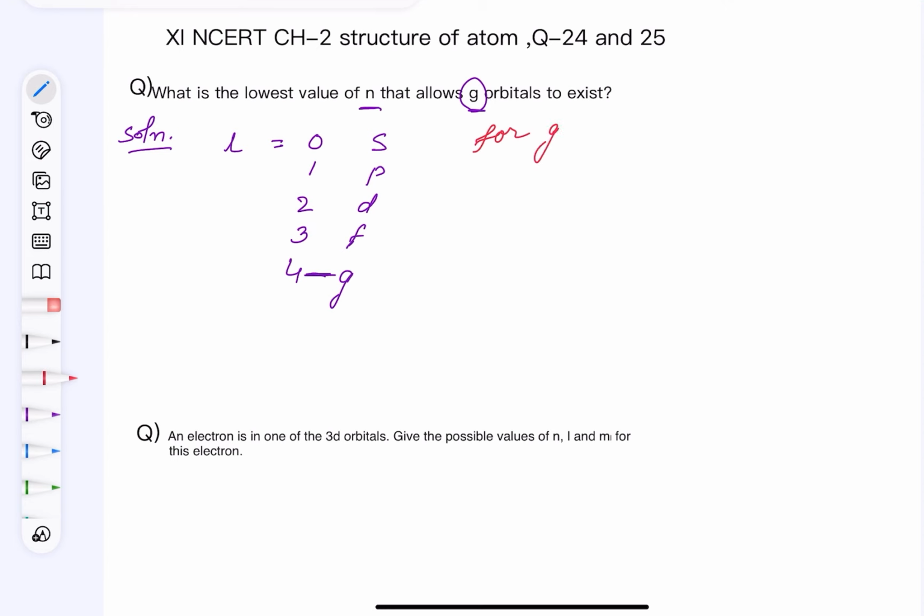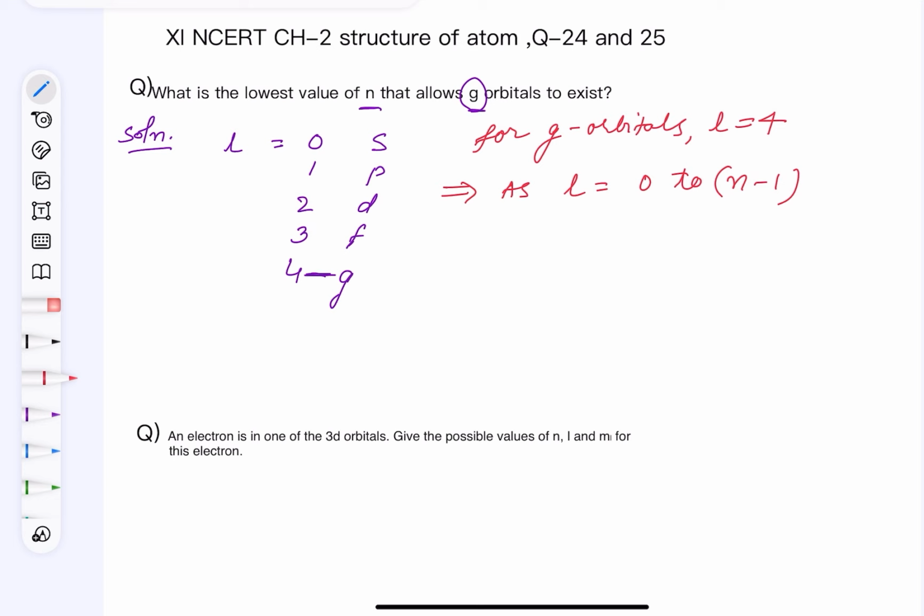For g orbital, L will be equal to 4. Now we know that L value can range from 0 to n minus 1.